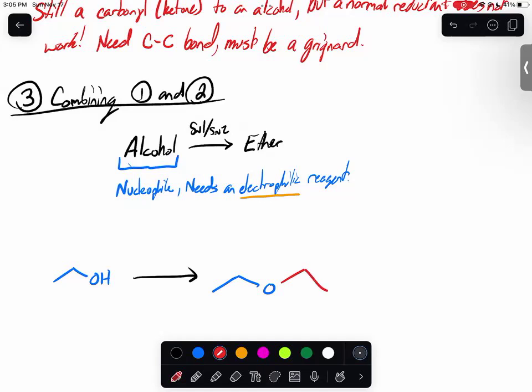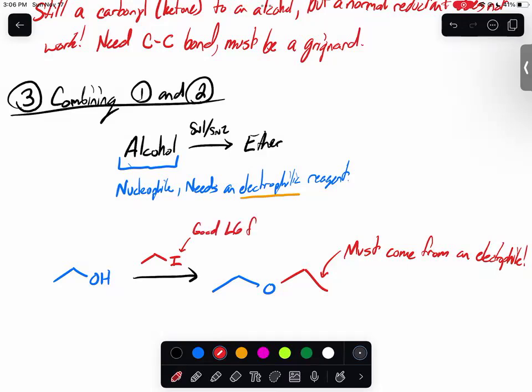Well, if we think about this, we know that the red piece here must come from an electrophile. So this should be easy, right? We throw in an electrophile, and we know for SN1 or SN2, we need a good leaving group on that electrophile. So iodine's a good one. There we go. Great leaving group, right? This is a good leaving group for an electrophile.